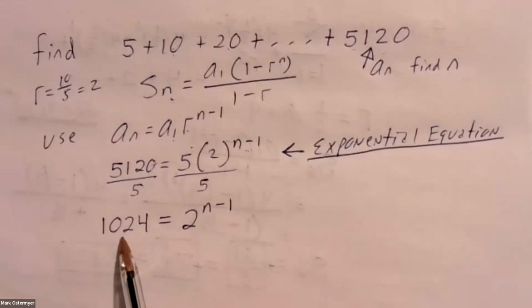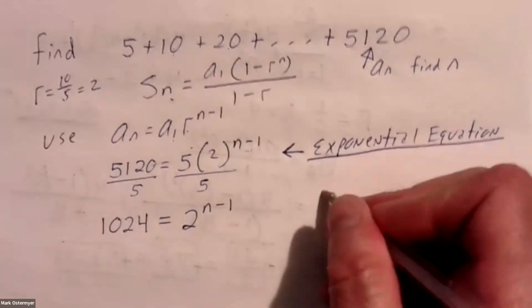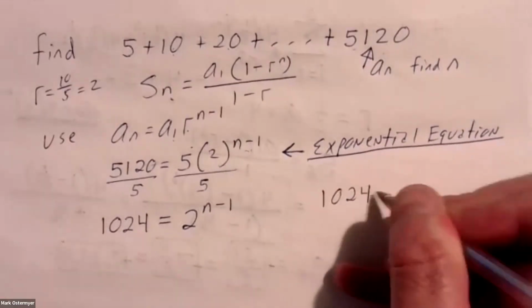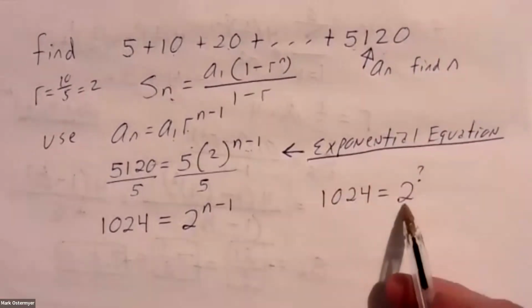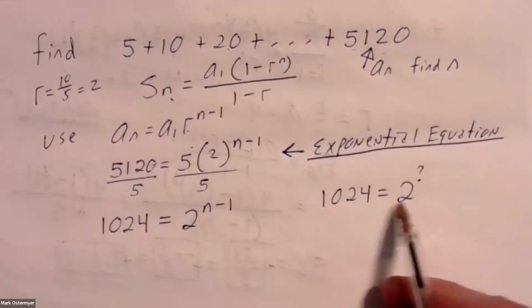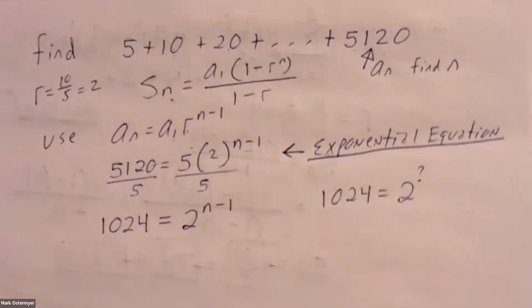So if I can reduce both sides of this equation down to the common base of 2, I can then solve for n. So get on your calculator, and I want you to find what power you have to raise 2 to give you 1,024. Go ahead and find out on your calculator right now.